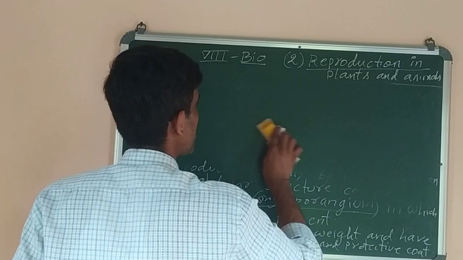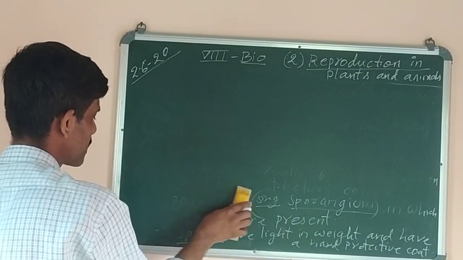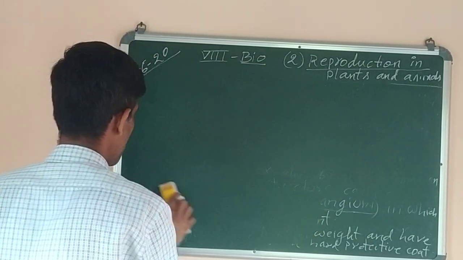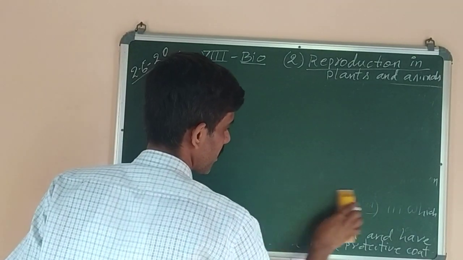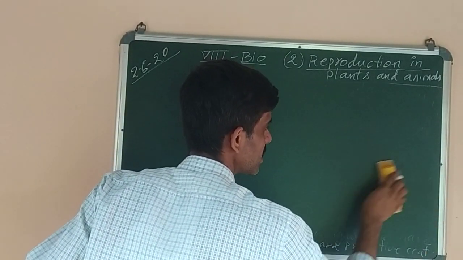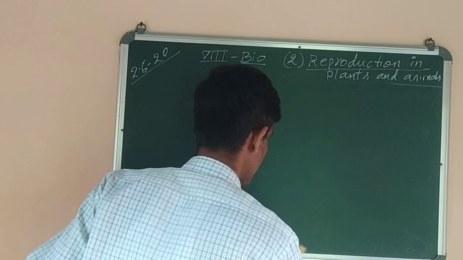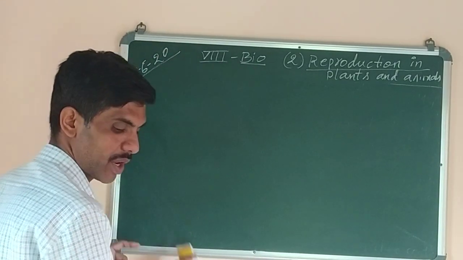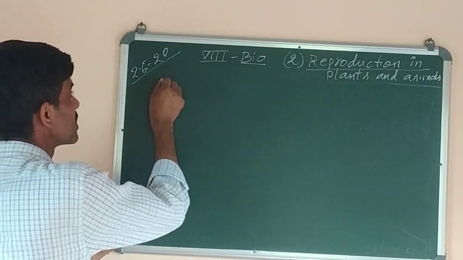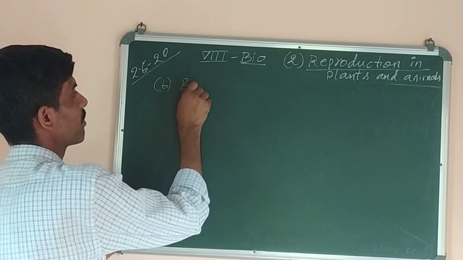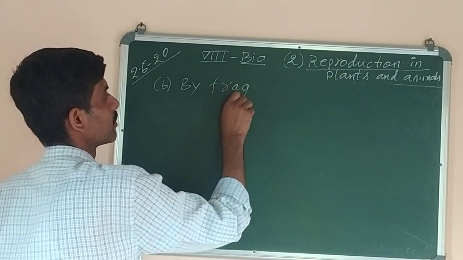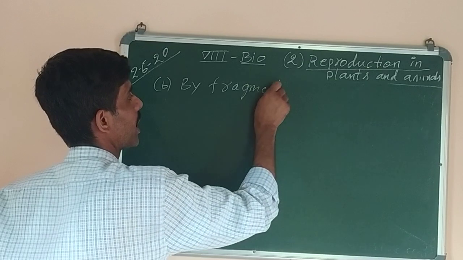What is fragmentation? The word fragments means pieces. Like if I take a piece of chalk and break it into many pieces, each piece will be called a fragment. So the meaning of the word fragmentation, second one, number B, by fragmentation.